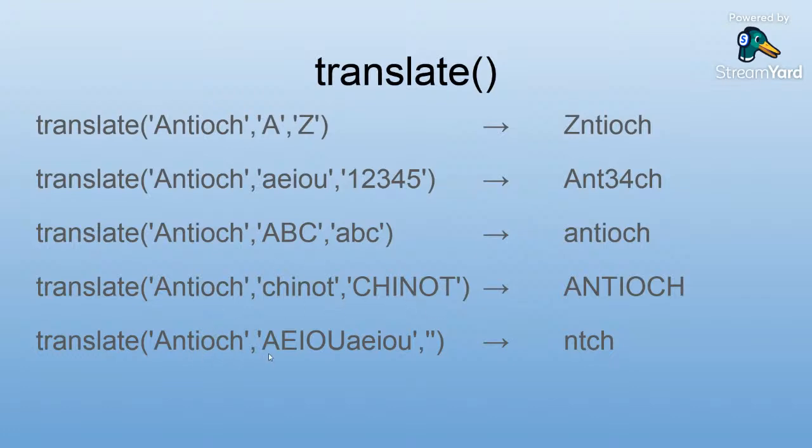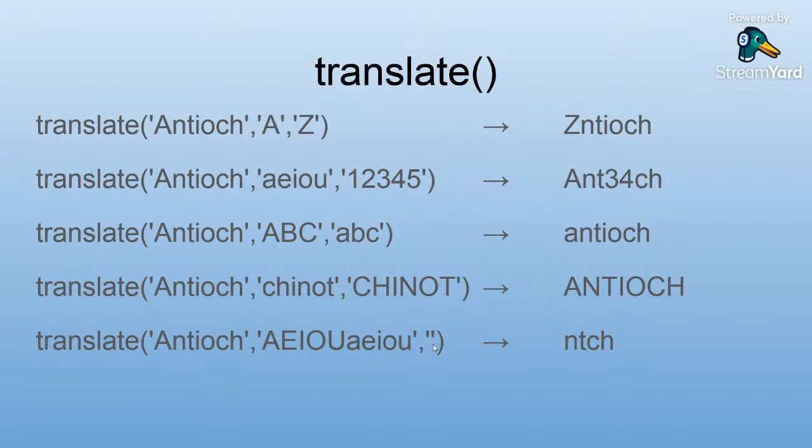And in the fifth example, we're saying take the word in this string, take any vowel in uppercase or lowercase and replace them with. Now this string is not the same length as these. In these cases, the strings were always the same length of the second and third arguments. In this case, the third argument is shorter. It's infinitely shorter, in fact.